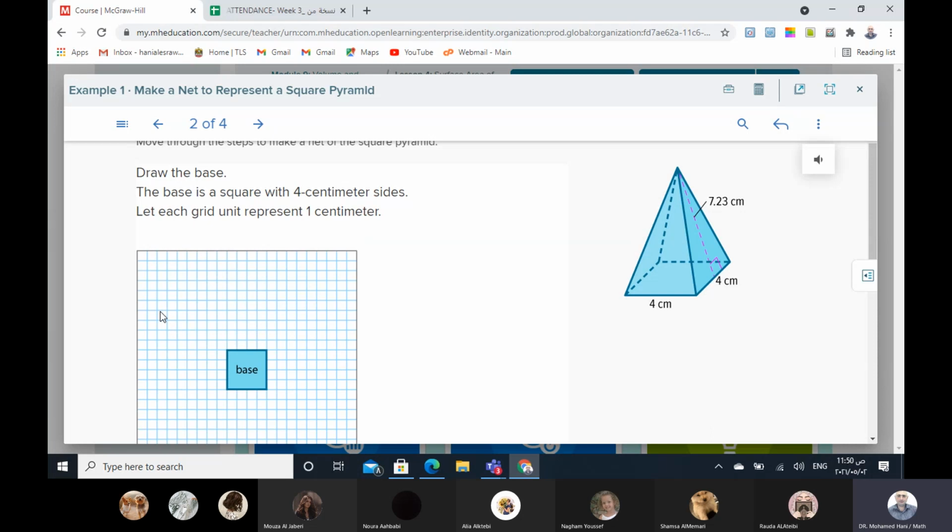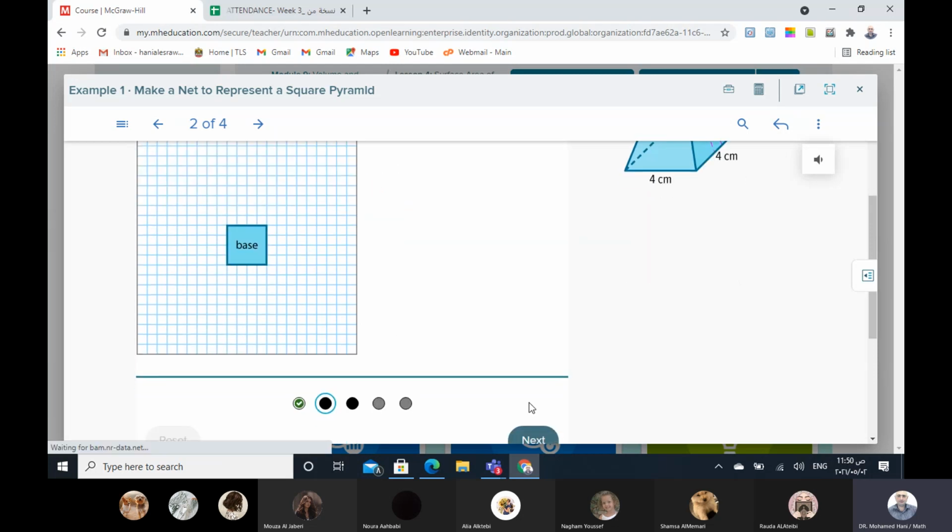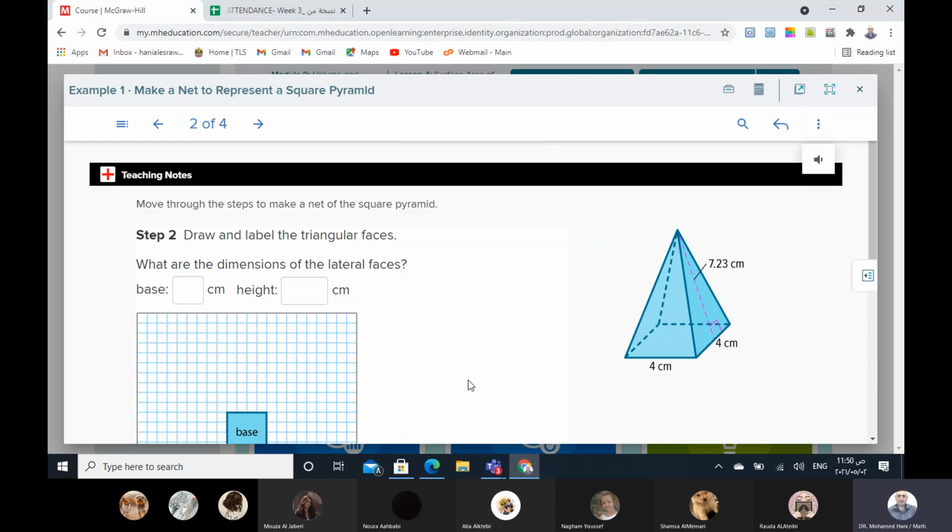To do the net, draw as the first the base. This is the base square, 4 and 4. Then, what are the dimensions of the lateral faces? This is the lateral faces.